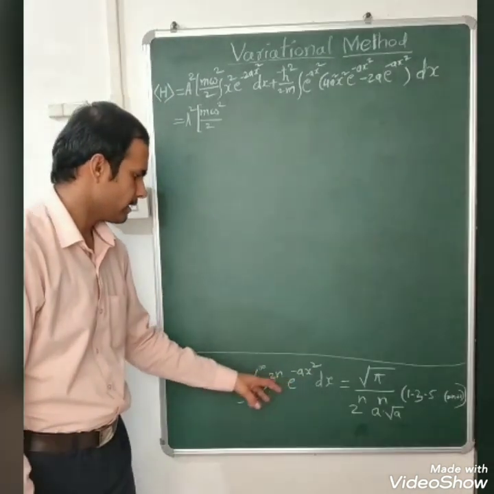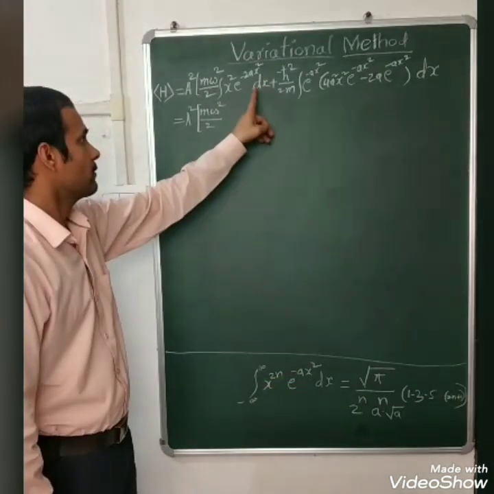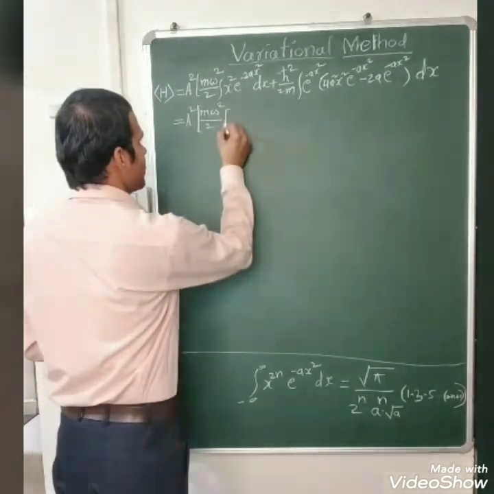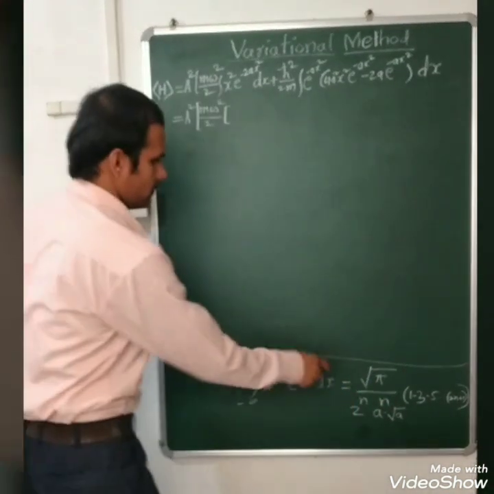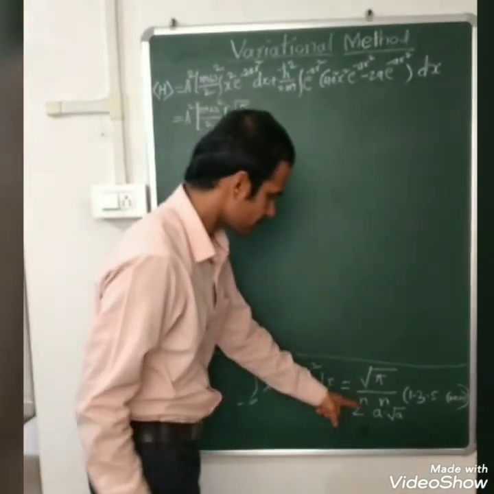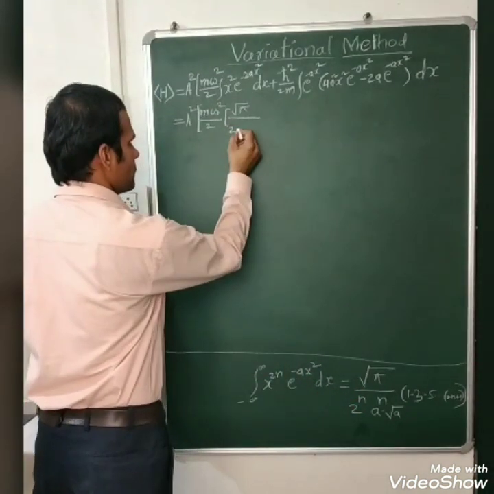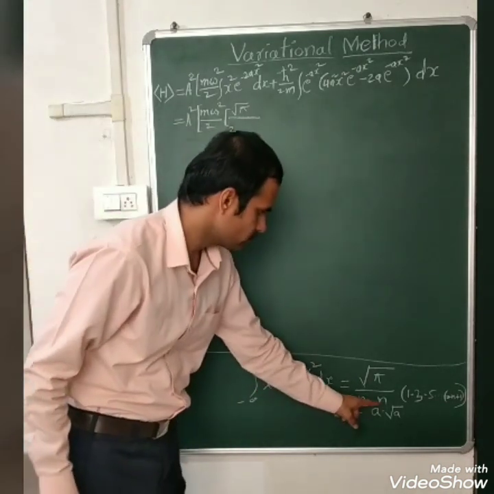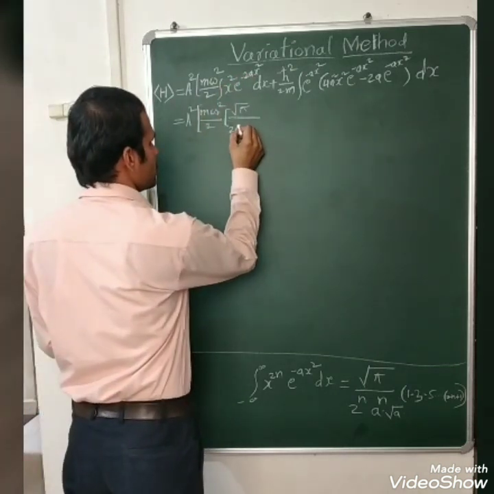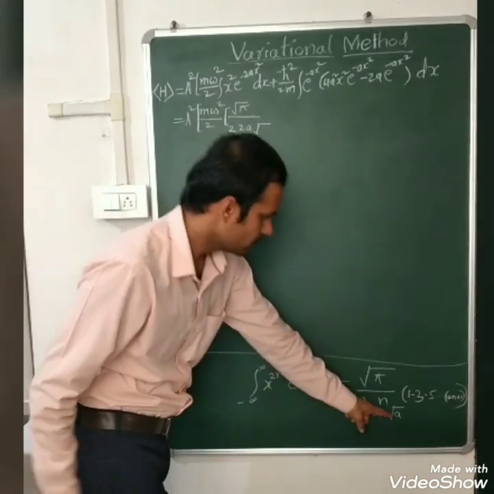So the value of n in our equation is 1 and the value of a in our equation is 2a. Hence we can write directly square root of pi divided by 2 raised to n, that is 2 raised to 1, into a raised to n, that is a is 2a, so it is 2a into square root of 2a.